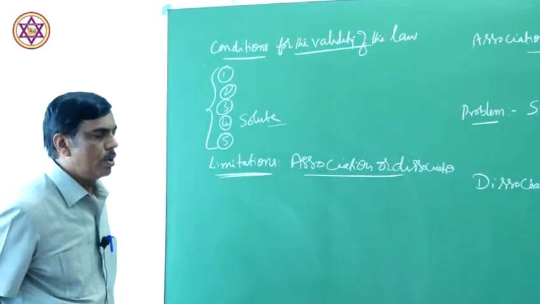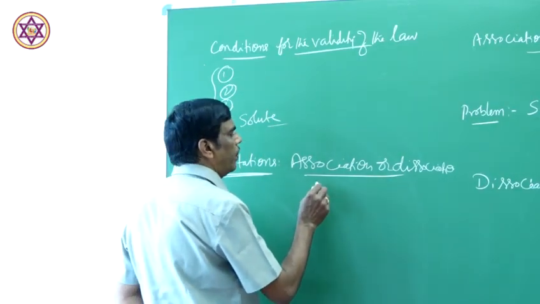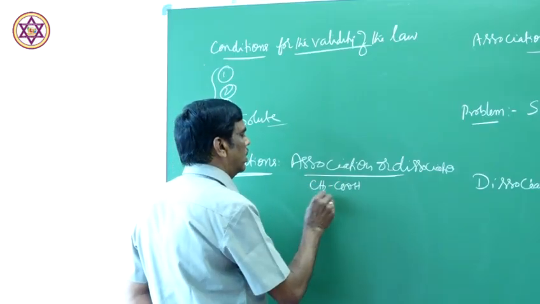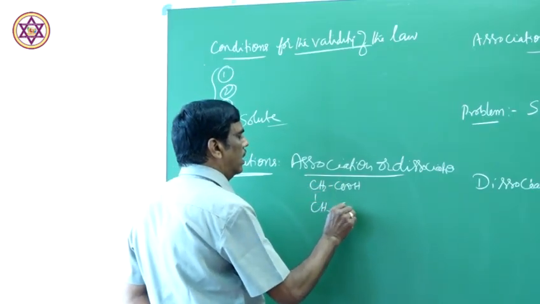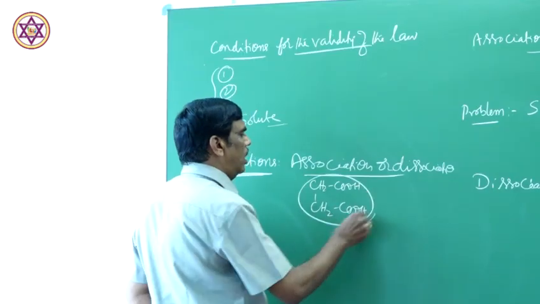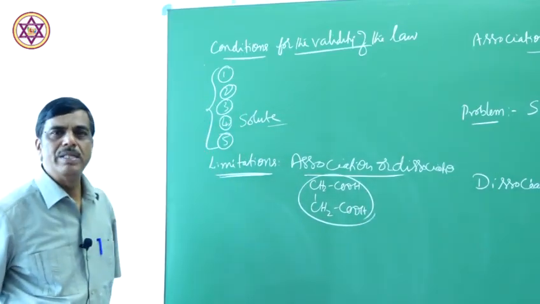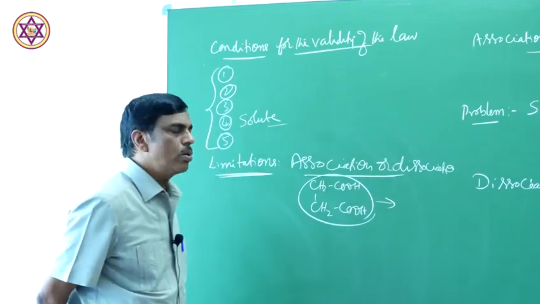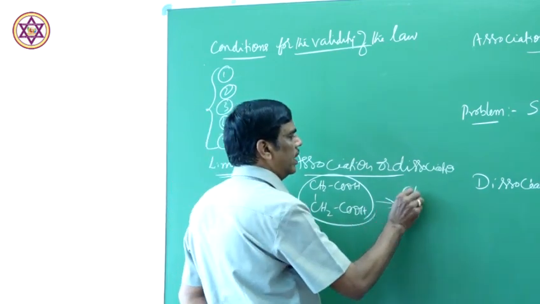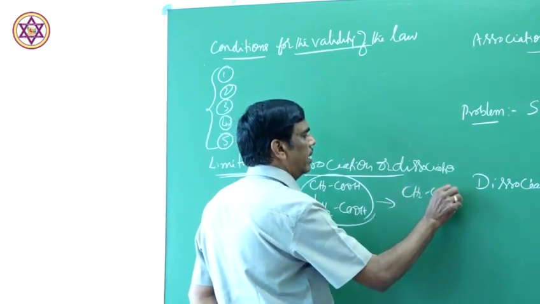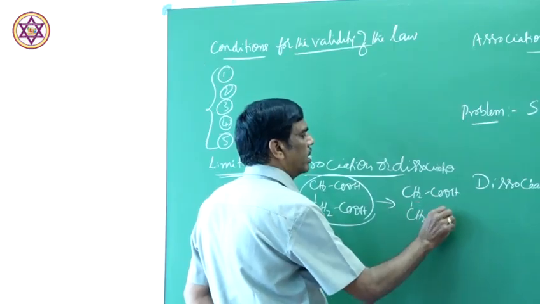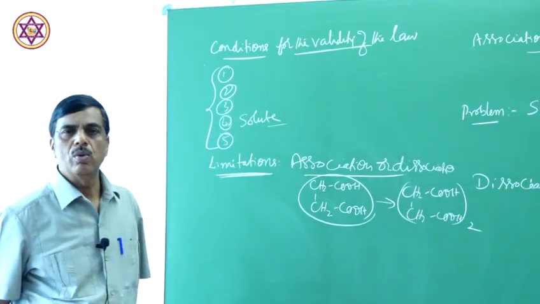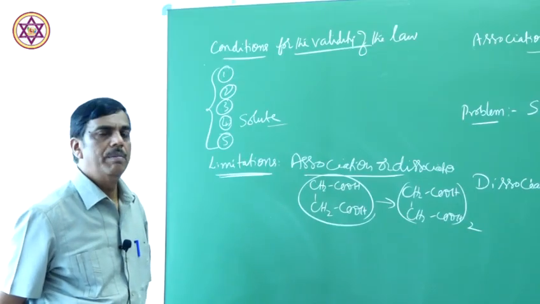Association of the solute means, for example, succinic acid. If this is the solute dissolved in benzene and water, in benzene it undergoes dimerization. Two molecules join together to form a dimer in the benzene layer.